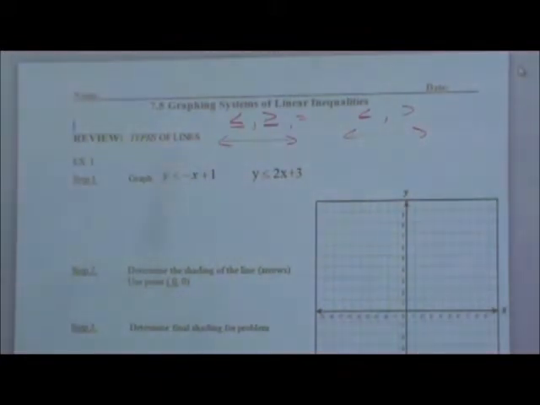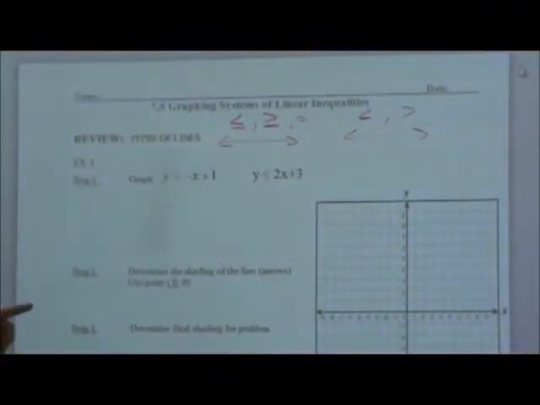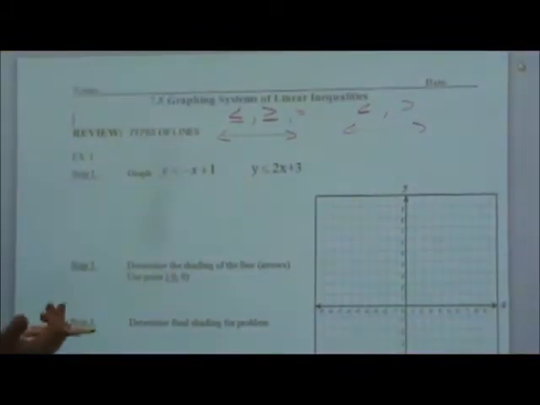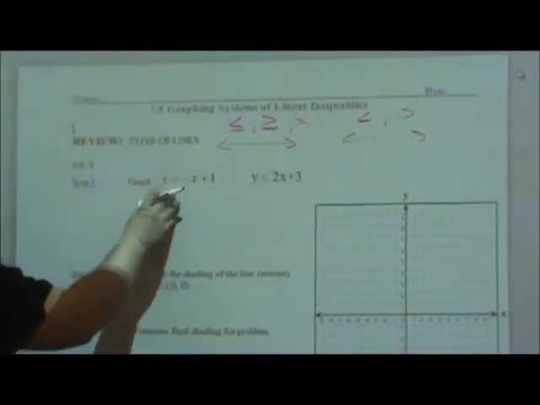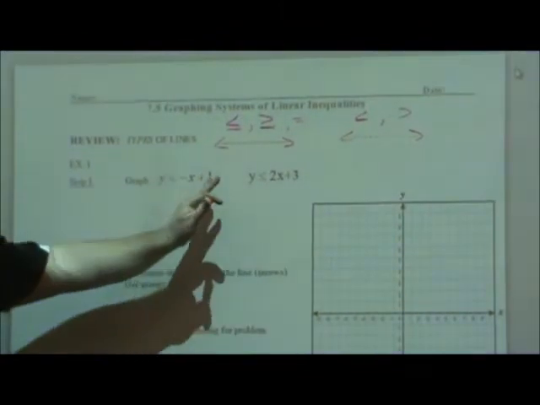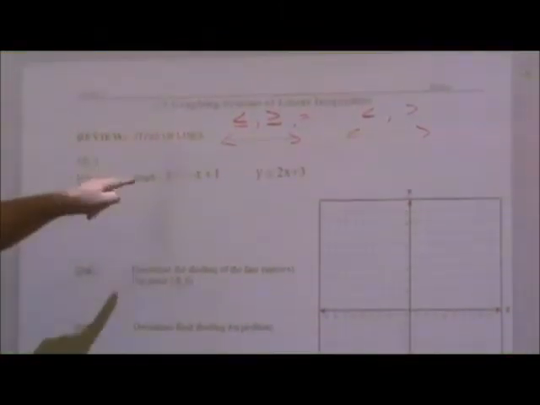When graphing systems of linear inequalities, you're going to have two or more inequalities in one problem. That's going to be important when we go to do the shading. So let's get started. Well, first thing we want to graph both of these. And to graph them, probably the easiest way is to rewrite them so the y is by itself in slope-intercept form. This time, it's already in that form, so we're ready to graph. So we'll start with the first one.